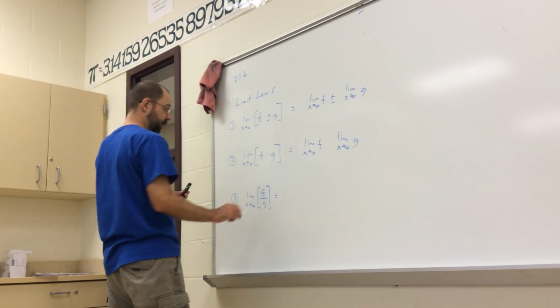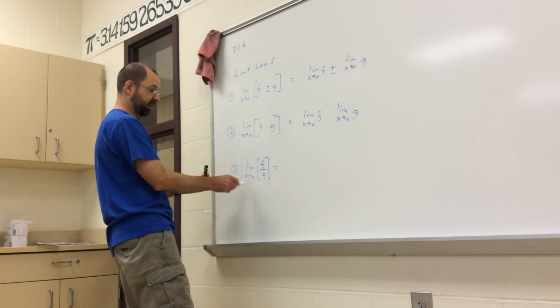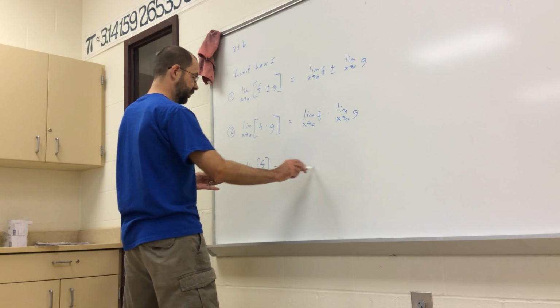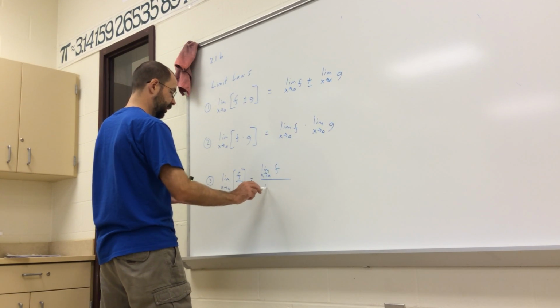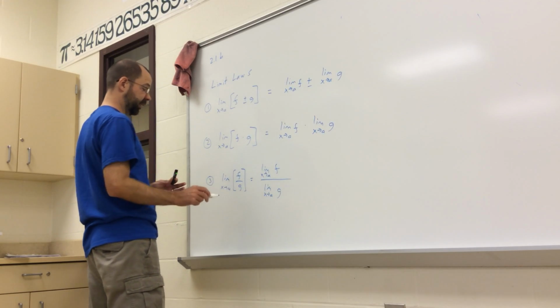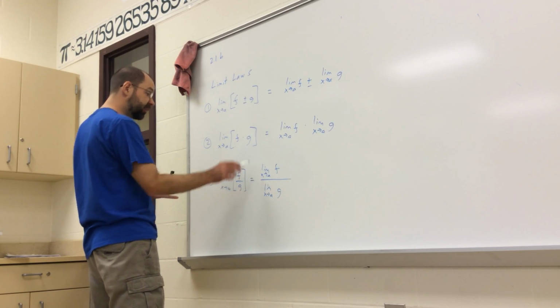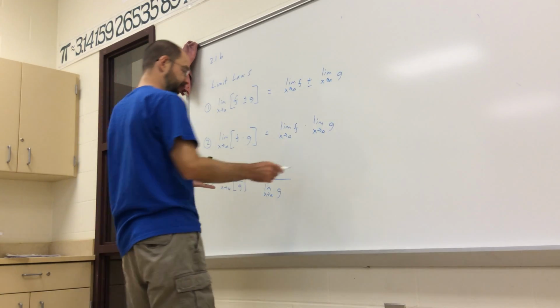And this works. So here division is happening first and then you're limiting later. And it turns out that you can limit first, so limit of the top thing and limit of the bottom thing, and then divide later. But this one doesn't always work.